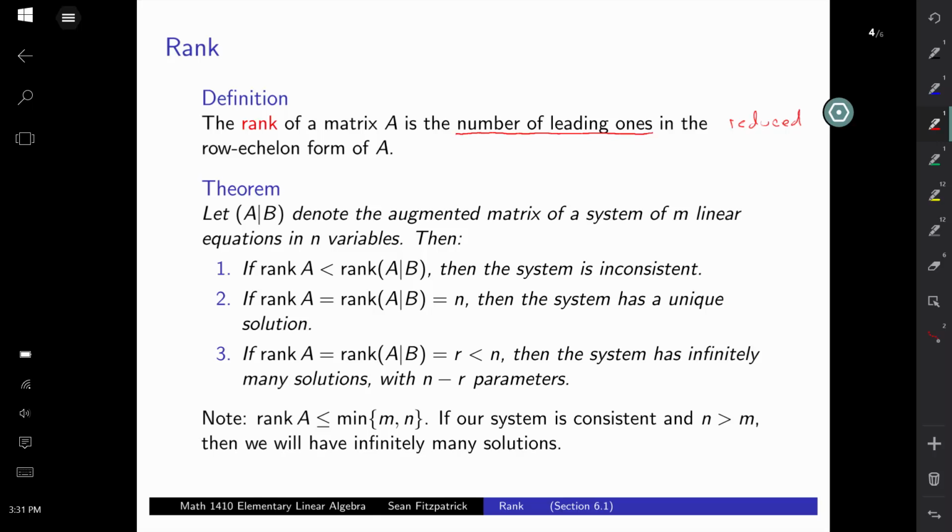So we can use this notion of rank to more precisely restate the three cases that we saw on the previous slide. The first one says, well, an inconsistent system is one where the rank of the coefficient matrix is less than the rank when you add on that column of constants, right?